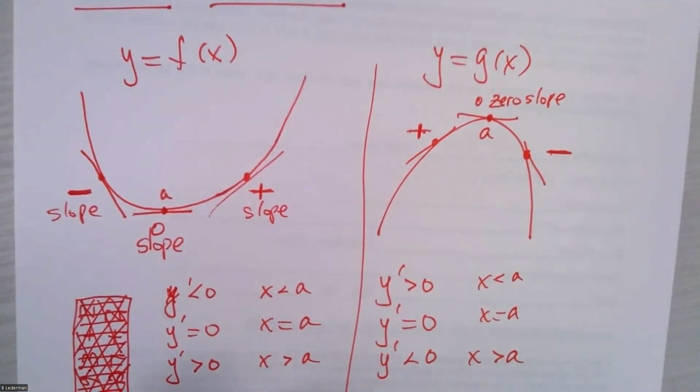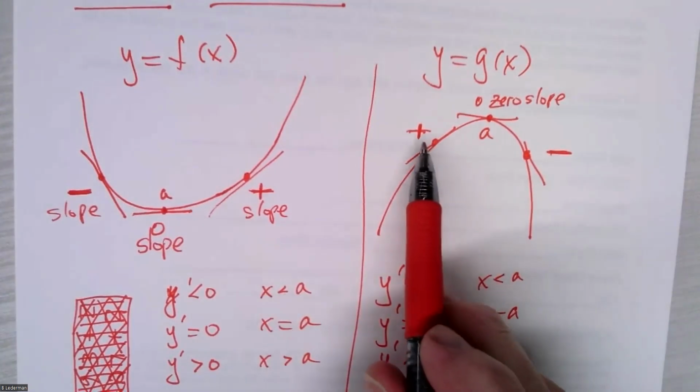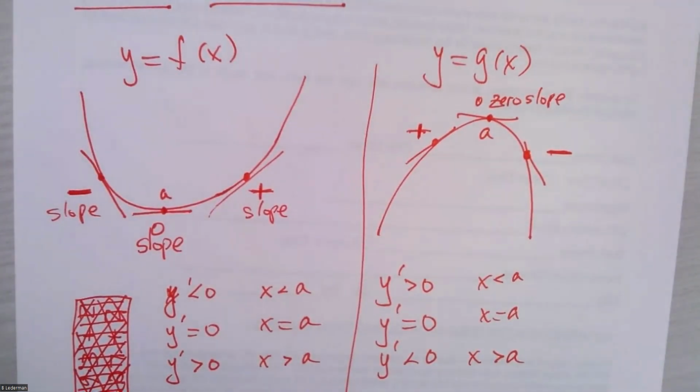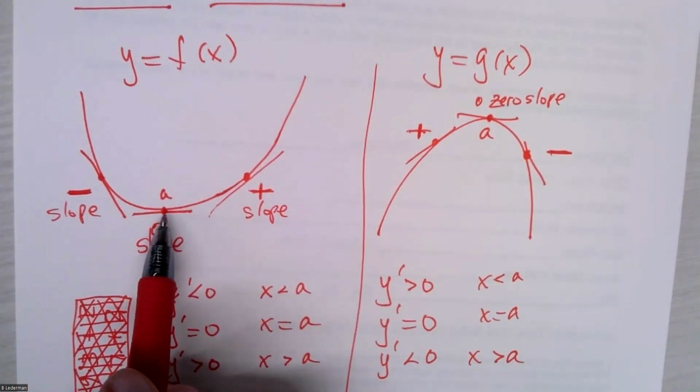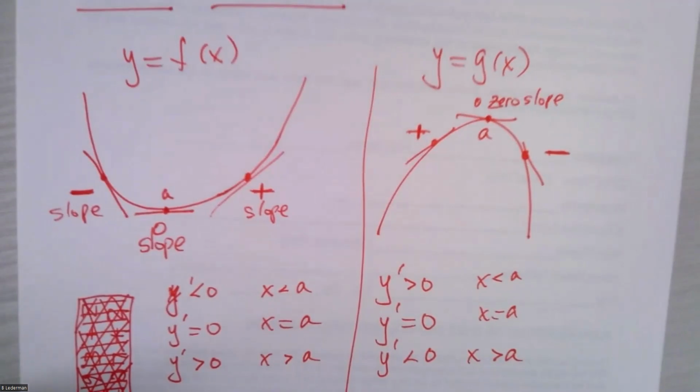Now, I want to point out one other thing. The crucial thing here is that it's negative on one side and positive on the other side. And here it's positive on one and negative on the other. That's what's really crucial. The zero slope in the middle is not the most important thing for what I'm trying to do here.